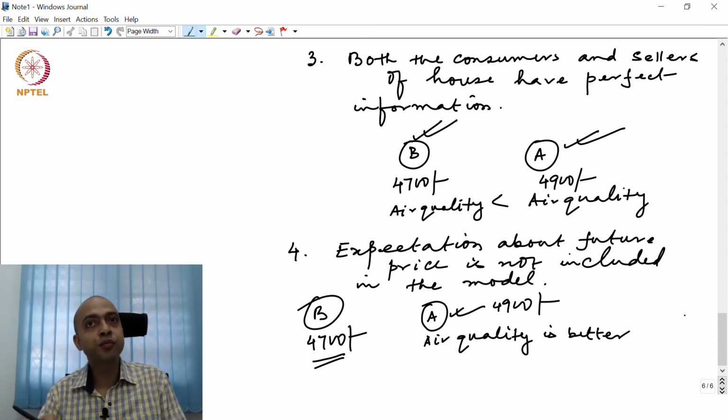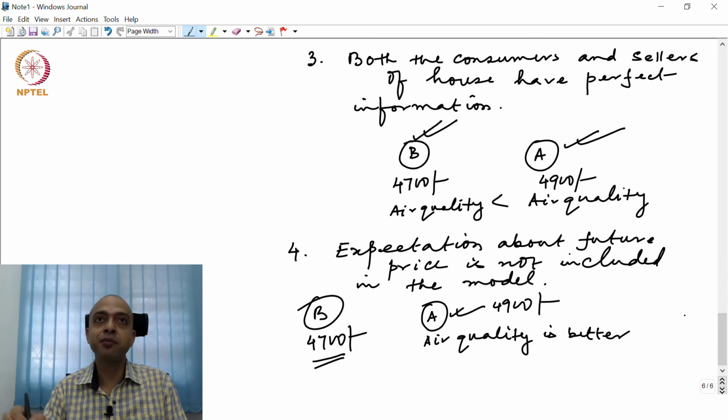Then the house owner might respond, yes, I expected that an IT hub will come up in this area. That is why I will enjoy a capital gain by buying the house in locality A, not in B. So these are the major limitations of the hedonic pricing approach, even though it is widely used because of its simplicity.